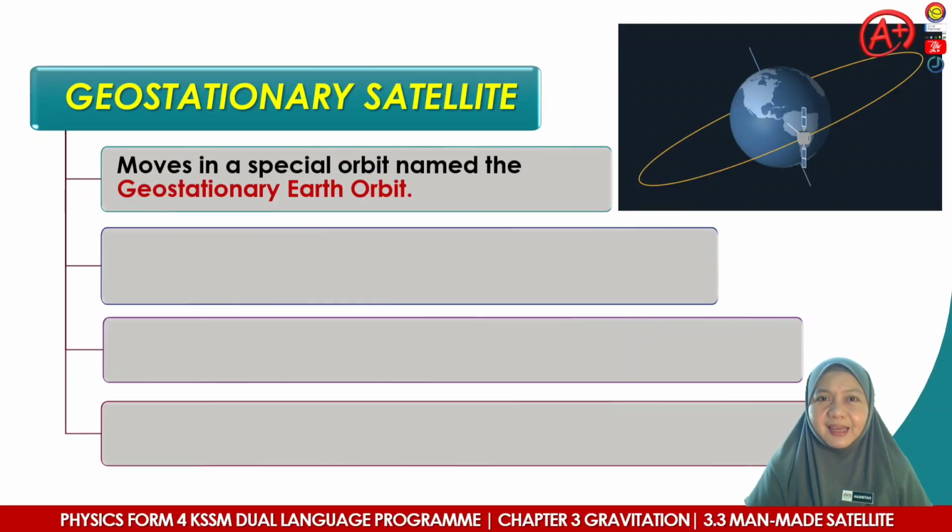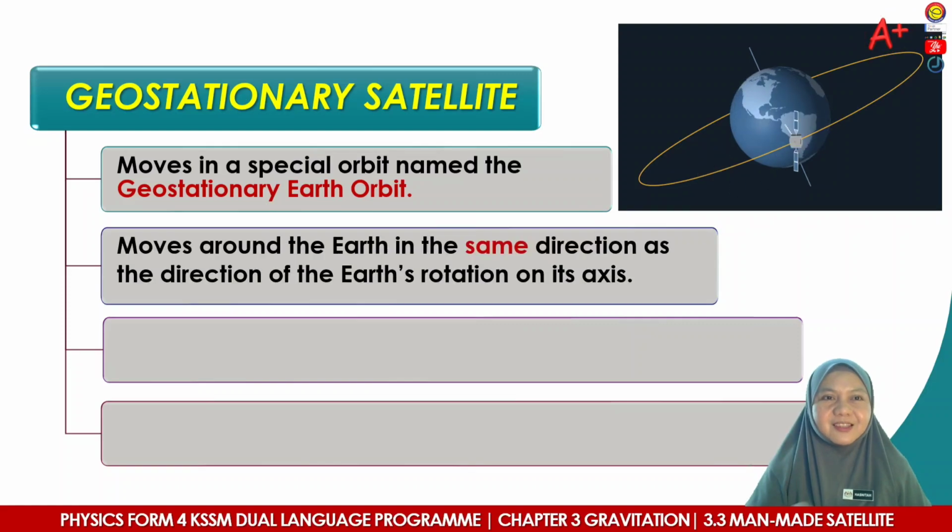Number 1, it moves in a special orbit which is named the geostationary Earth orbit, GEO. Second, the geostationary satellite moves around the Earth in the same direction as the direction of the Earth's rotation on its axis.